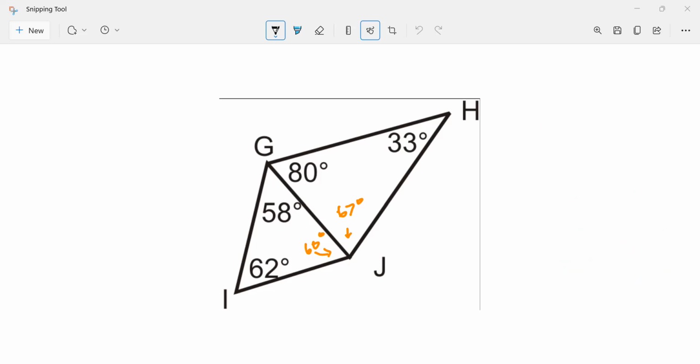Now the key to understanding this is that we're not going to treat this as one shape, but rather as two separate triangles. So this is a triangle. And this is a triangle.